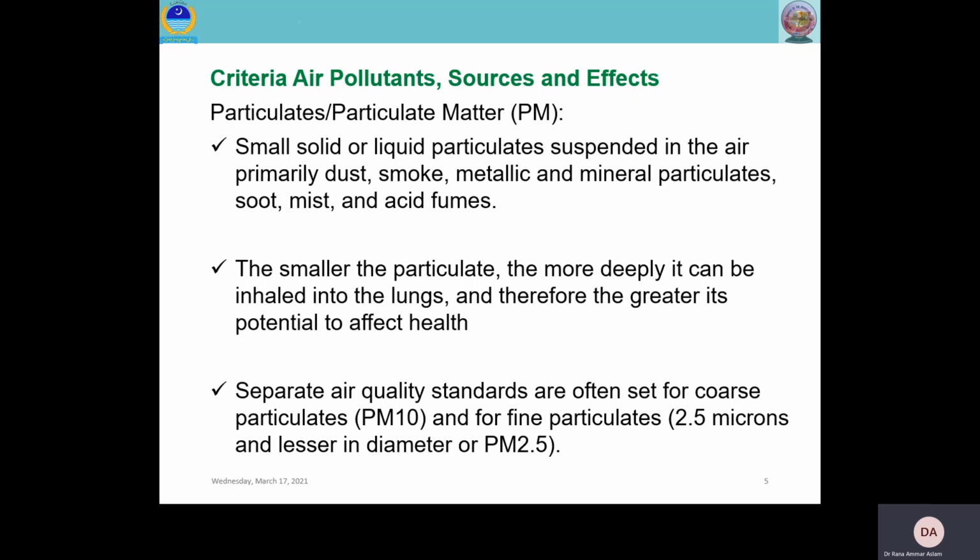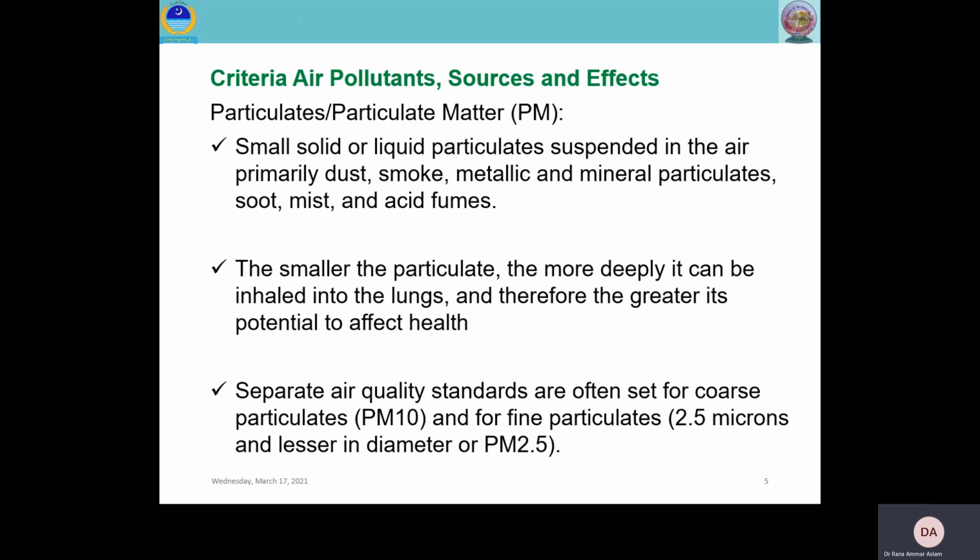Why are these very important, and why have only these two sizes been chosen? Because of their degree of harmfulness on human health, right? PM10 includes those particles with diameters of 10 micrometers or smaller, right?